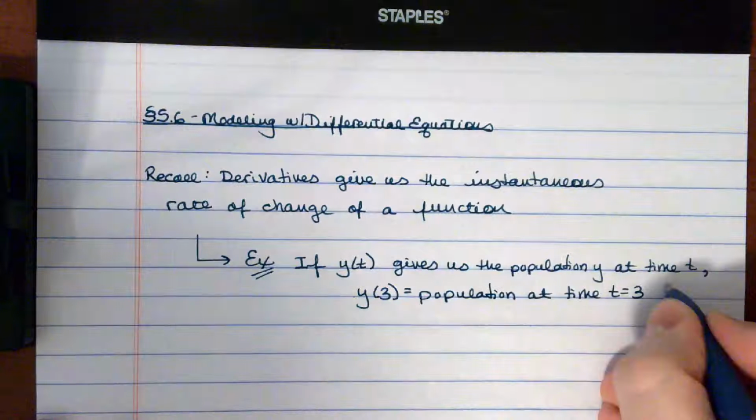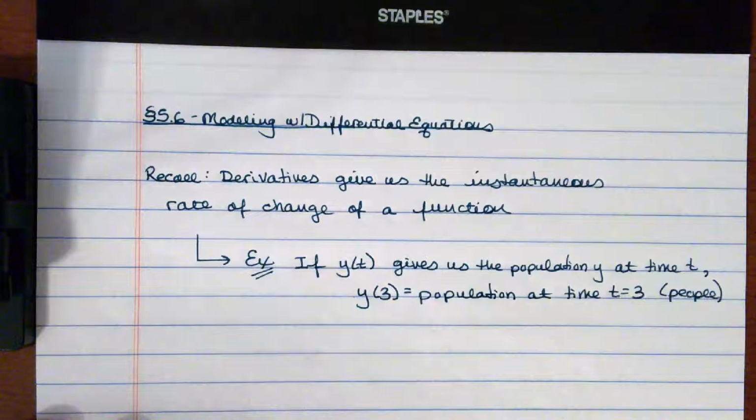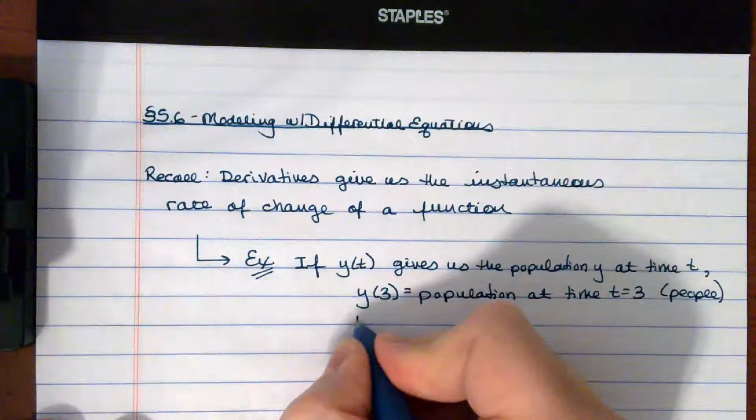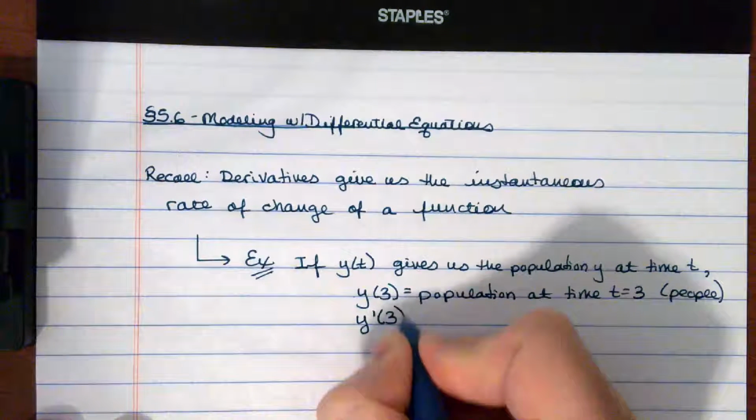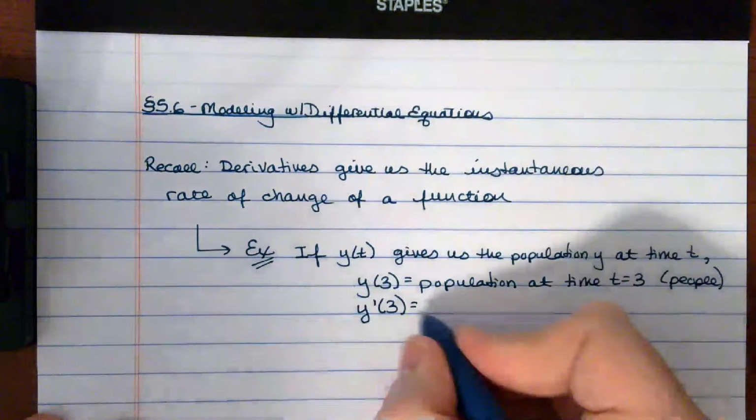And it would tell us like the number of people we have at that time. But the derivative would tell us the rate of change of the population at time 3.